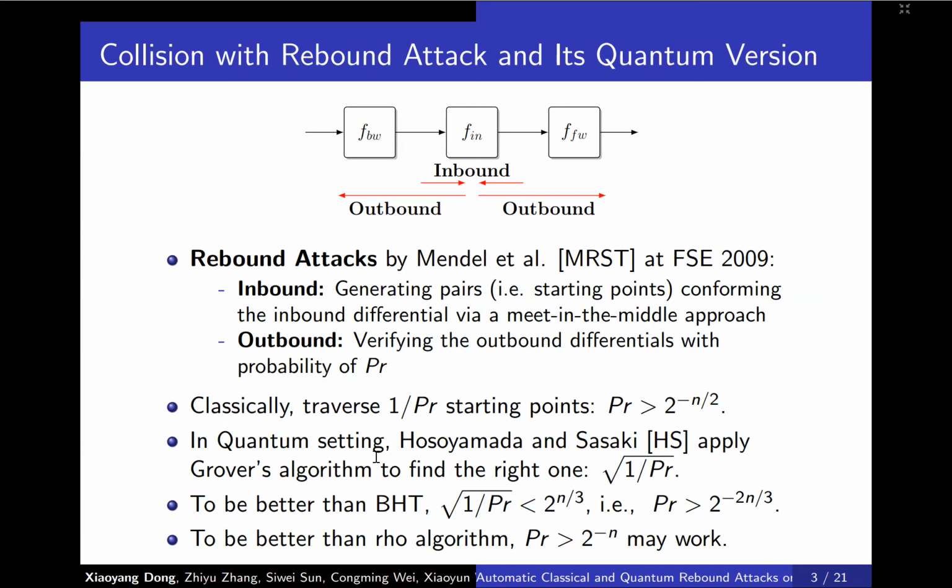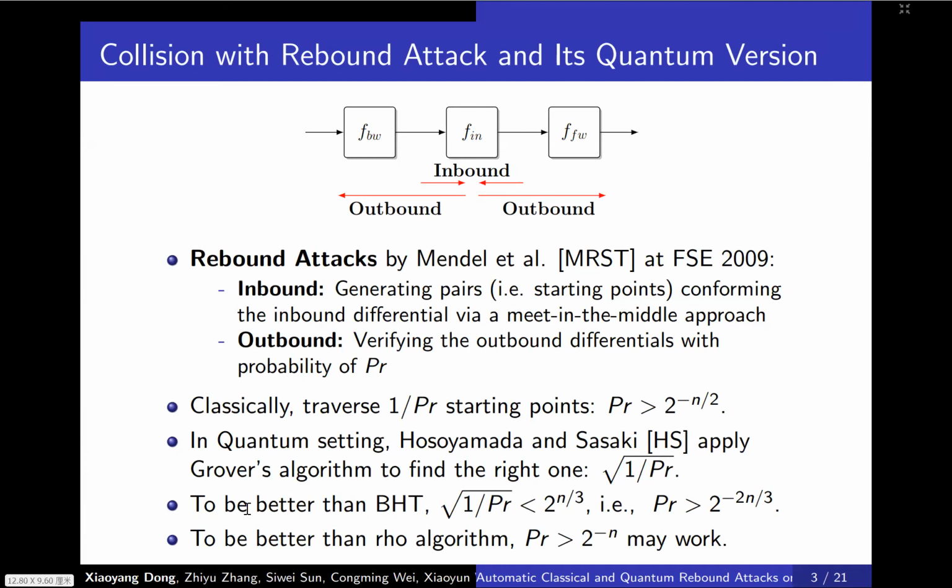In the quantum setting, Hosoyamada and Sasaki apply the Grover algorithm to find the right one. So they make the complexity the square root of 1 divided by PR.